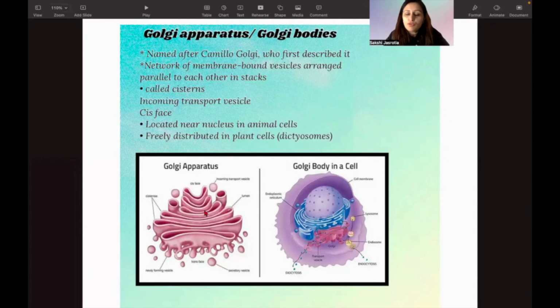Now it has two phases, meaning two sides. One is the cis phase and the other is the trans phase. So where is the cis phase?